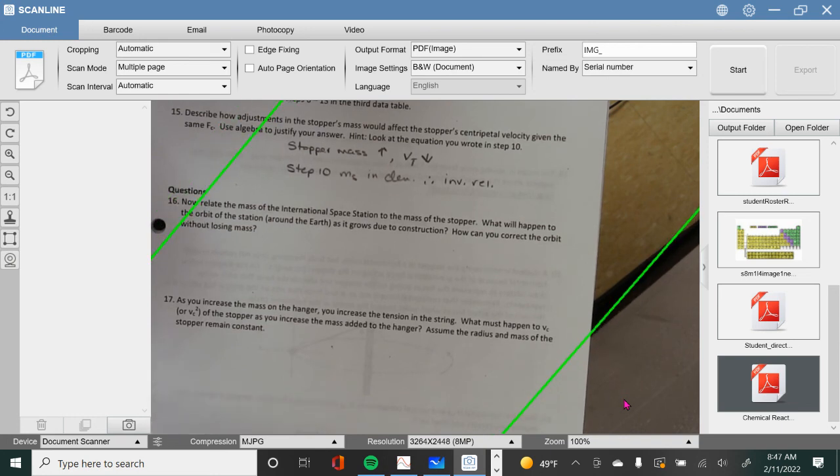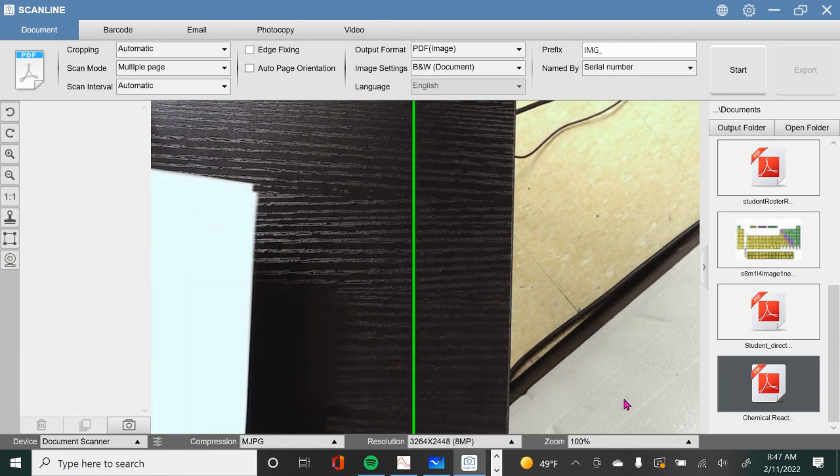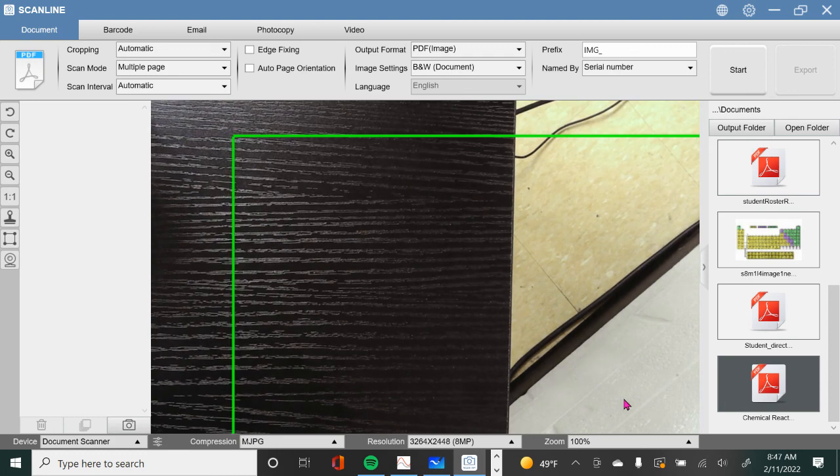Are these the same question? I don't think these are the same questions. Hang on. 15? Yeah, you have to do number 15. Describe how adjustments in the stopper's mass would affect the velocity. Use algebra to justify your answer.